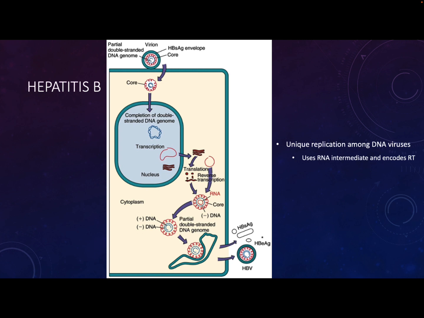What other type or family of viruses read RNA and make DNA? Retroviruses. Very good. Like HIV. So it's a weird strategy for a DNA virus. It's unique for a DNA virus, but it's not unheard of to use reverse transcriptase.